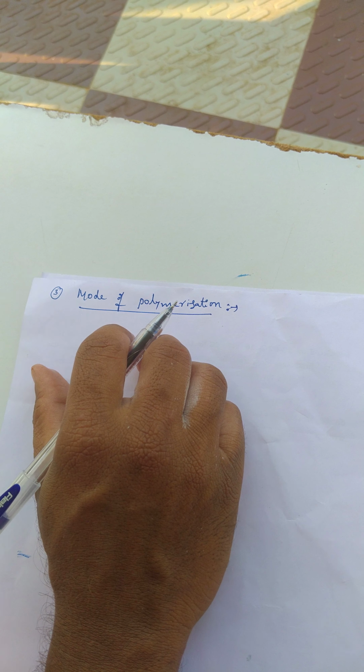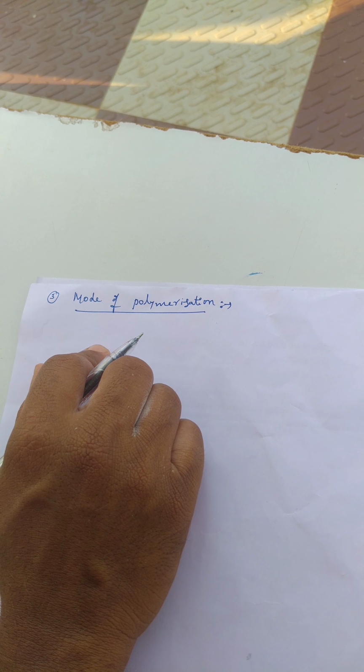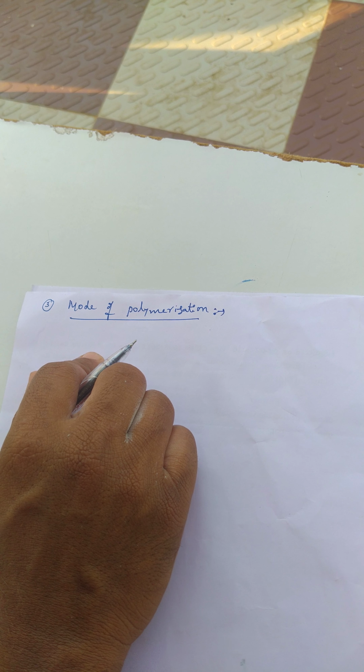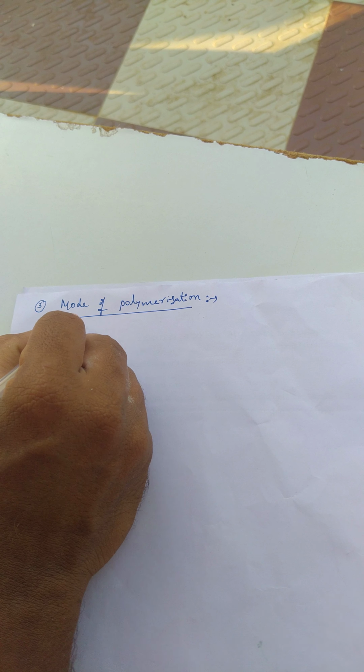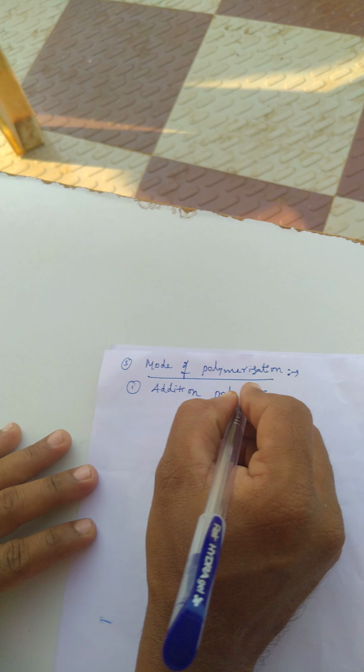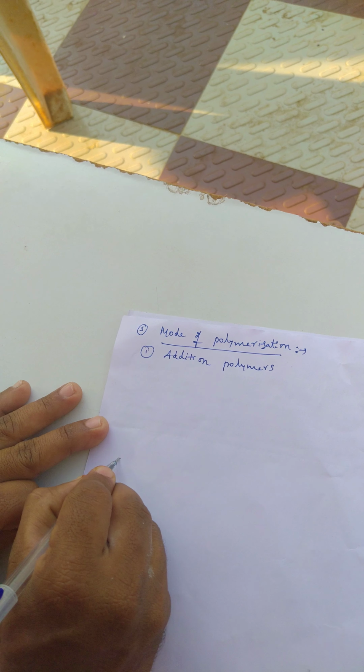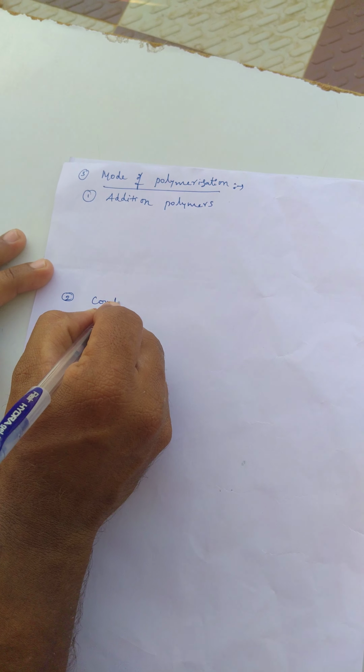Polymers are classified on the basis of mode of polymerization into two subgroups. One is addition polymers, and the second one is condensation polymers. This is very easy, children.